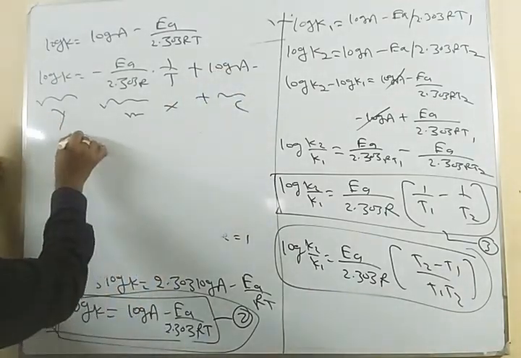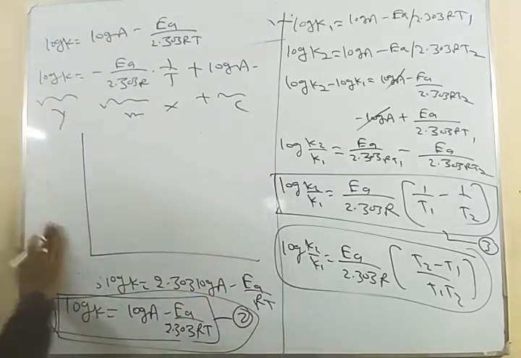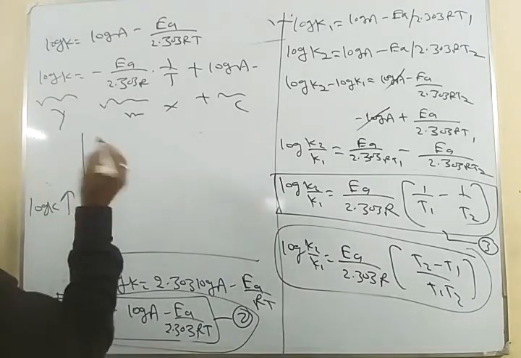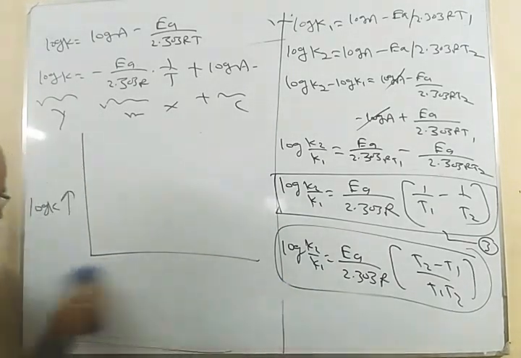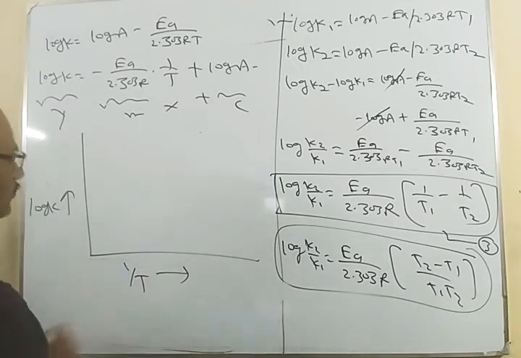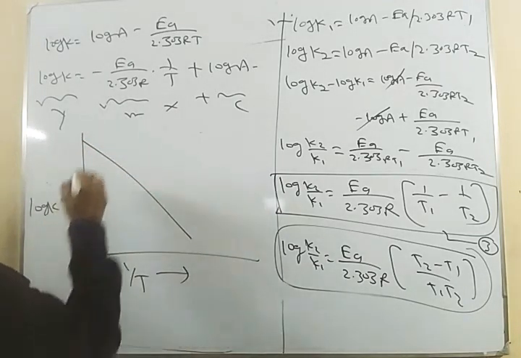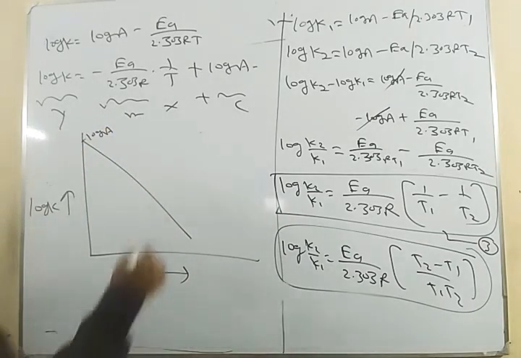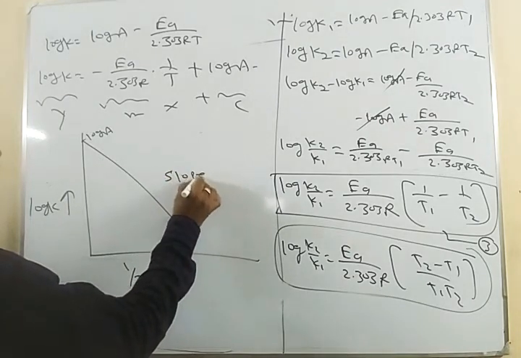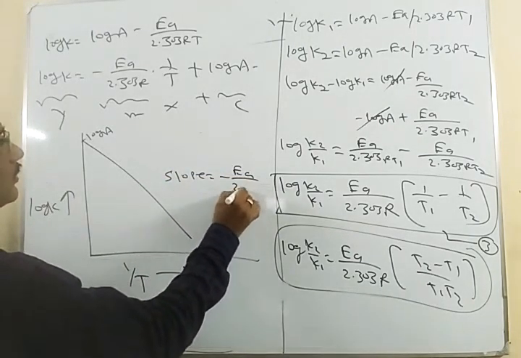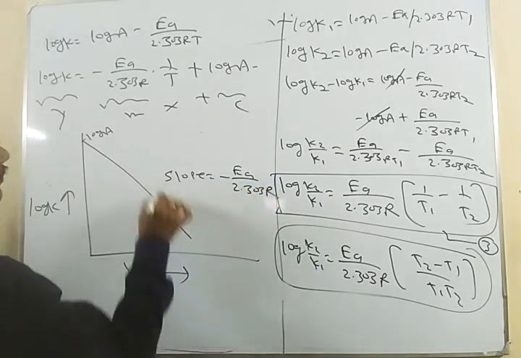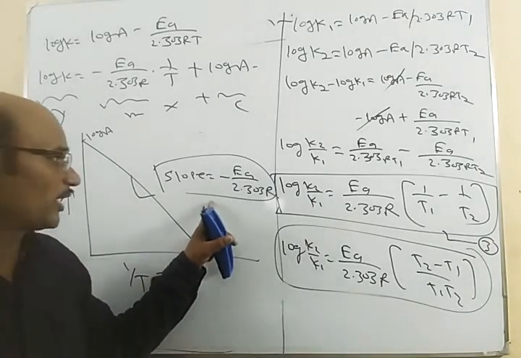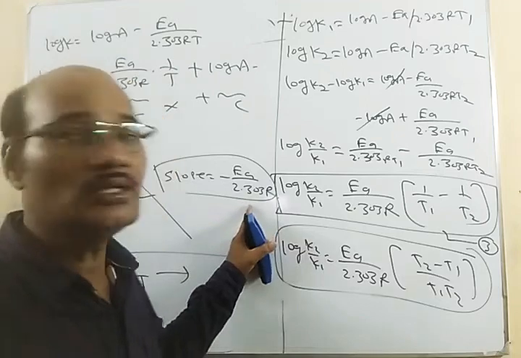So now if we plot a graph, log k here and 1 by T here, you get the intercept log A, and here the slope equals minus Ea by 2.303 R. So from this graph we can calculate the slope equal to minus Ea by 2.303 R. Okay.